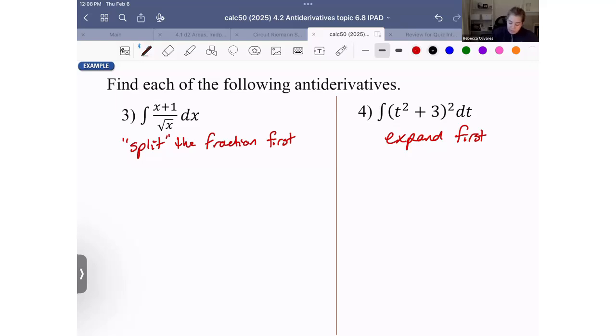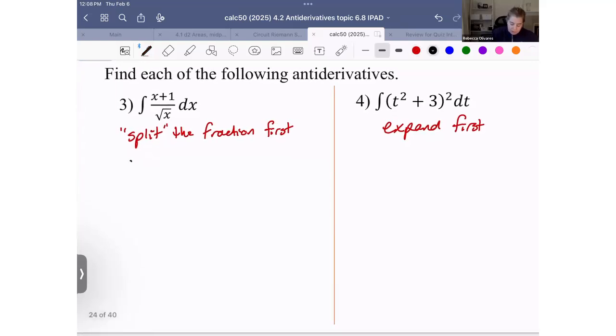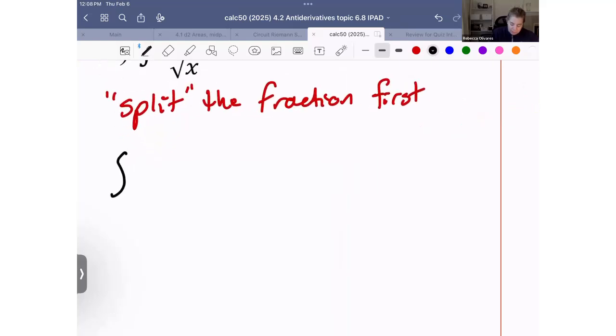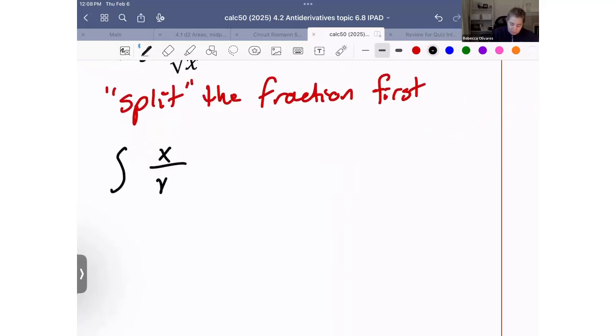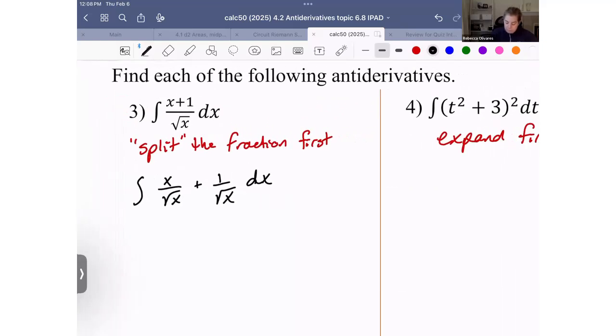Okay, when I say split the fraction, what I mean is to call this the integral of x over the square root of x plus 1 over the square root of x dx. I'm going to go ahead and work through number 3.